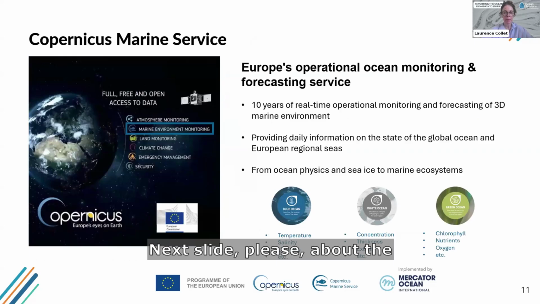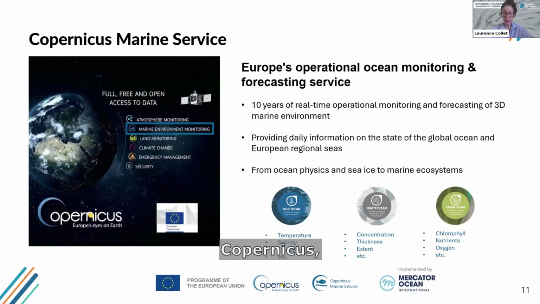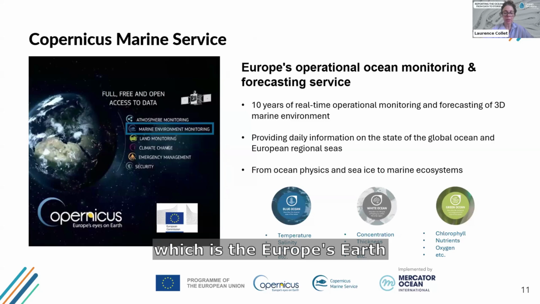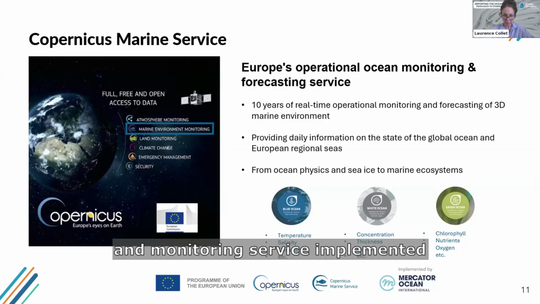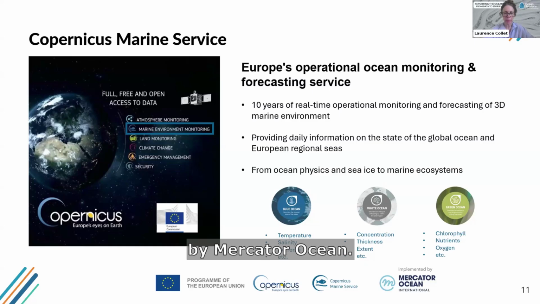Next slide, please, about the Copernicus Marine Service. So the Copernicus Marine Service is one of the 6 services of Copernicus, which is Europe's Earth observation program. Copernicus Marine is Europe's operational ocean forecasting and monitoring service implemented by Mercator Ocean.